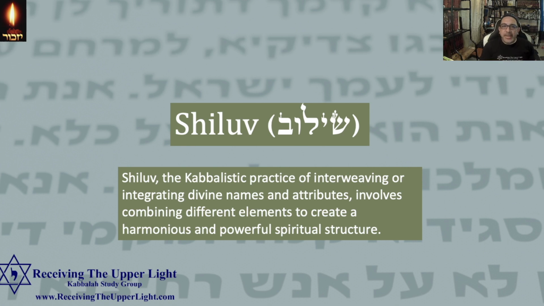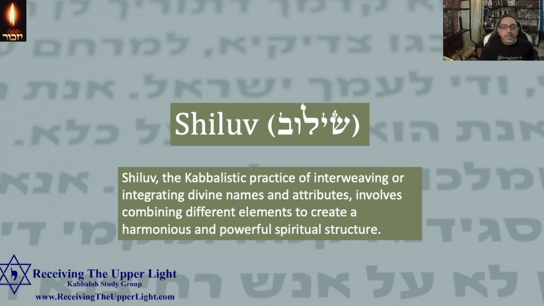Something to keep in mind is that in Kabbalah, we don't talk about mixing things. We do connections and we do unifications. We don't mix things. When things are mixed, that means that it's broken. You're breaking something.